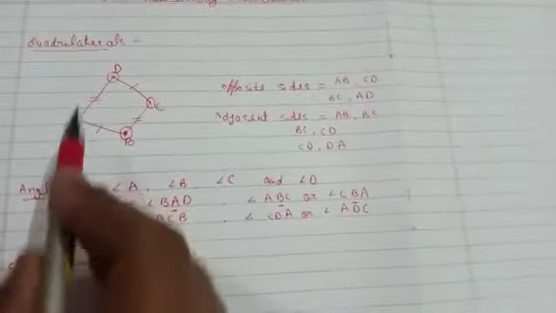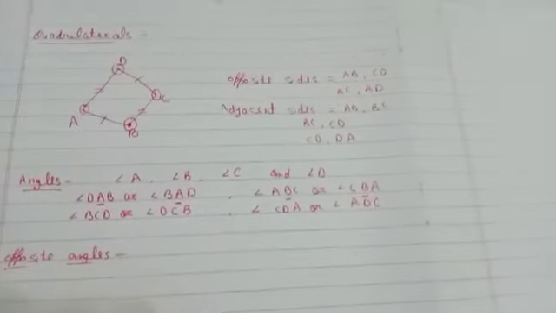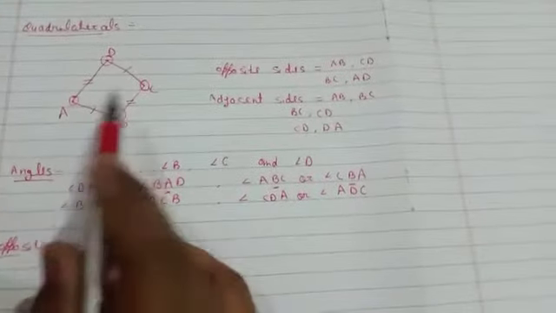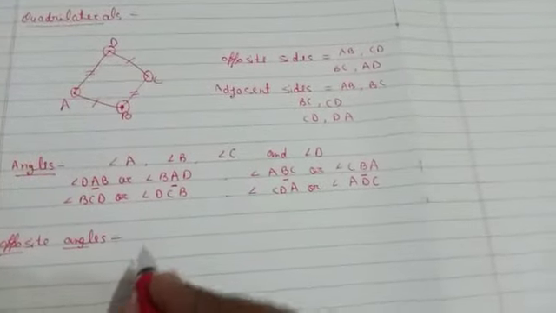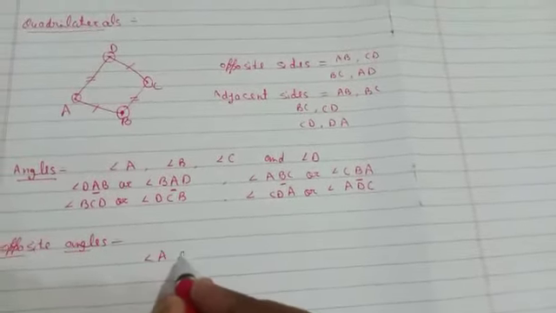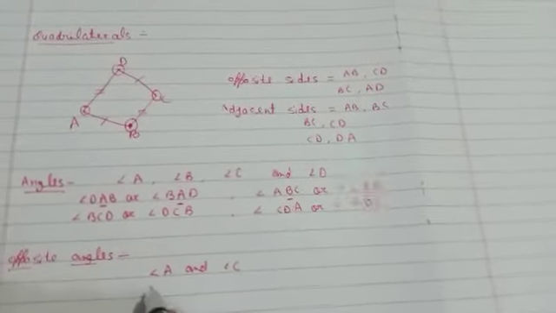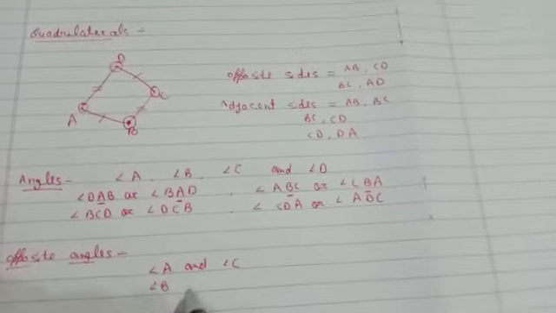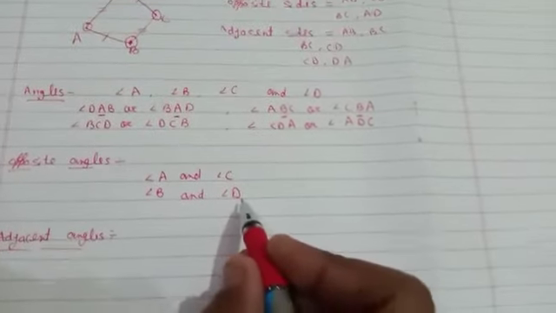And you are seeing this angle A and angle C, these are opposite to each other, so that's why these are called the opposite angles, angle A and angle C. Similarly, angle B and angle D are also the opposite angles.